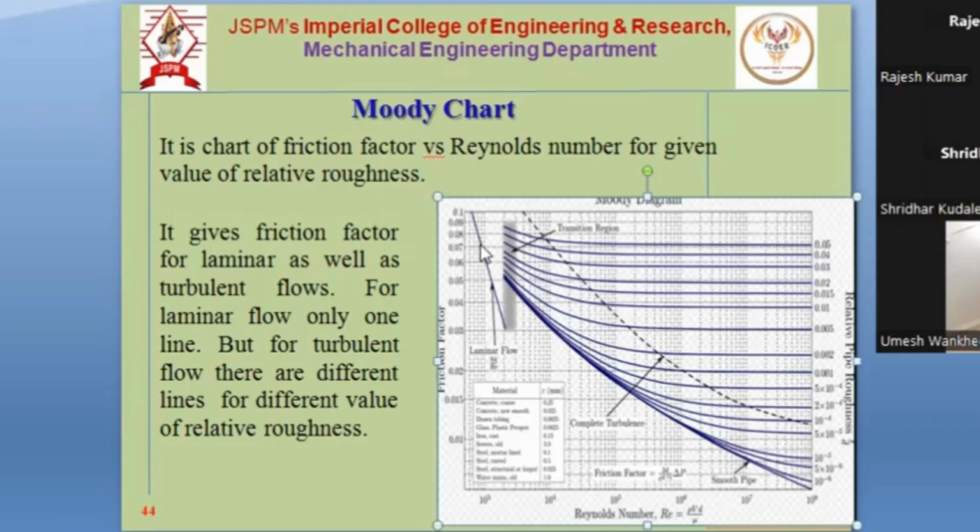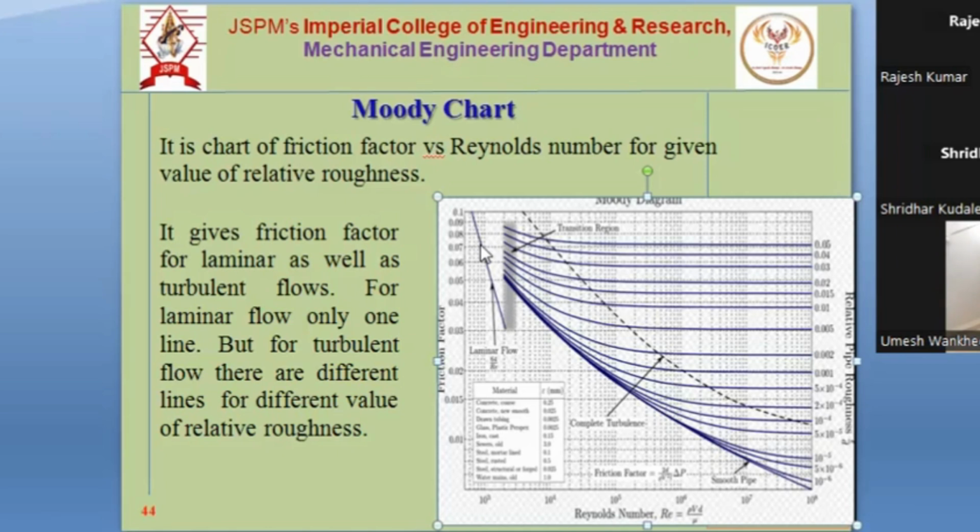Basically, when we go to smaller diameters, we go toward the laminar range, because if you see the equation of Reynolds number, it is rho v d by mu, which means it depends on diameter. If you reduce the diameter, Reynolds number reduces. In turbulent flow, the friction factor depends on the wall roughness, the relative roughness.